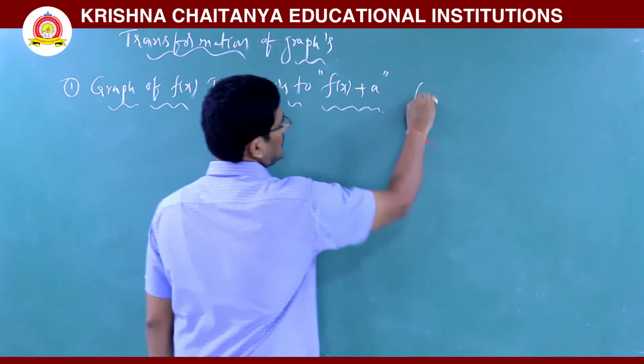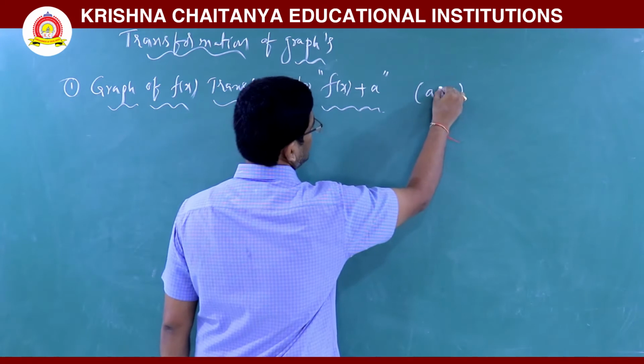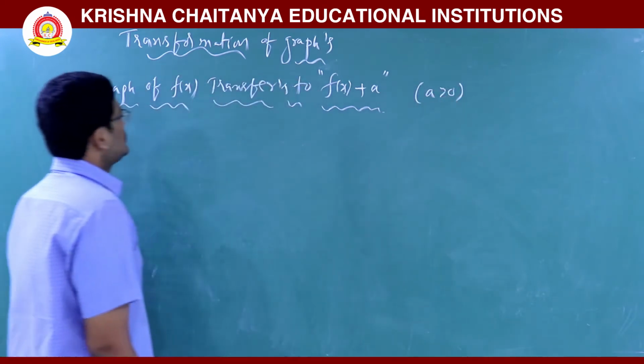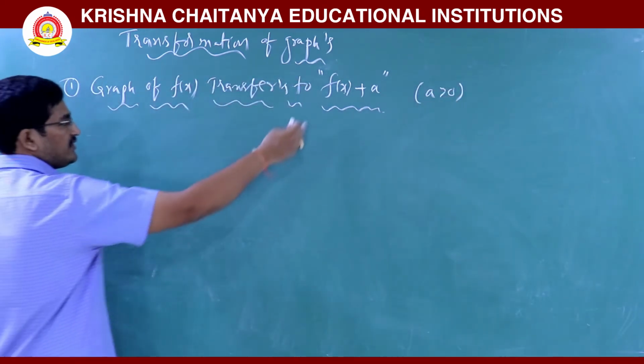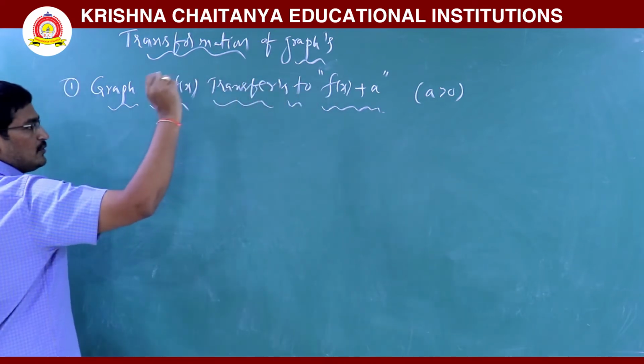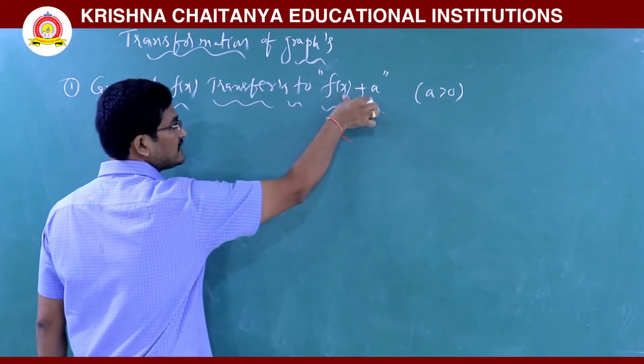Suppose a is positive, a greater than 0, I am taking here. Now we have to draw the graph of f of x plus a. So what is the easy method to get this graph?